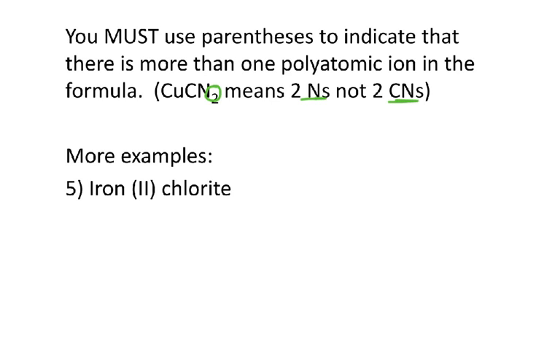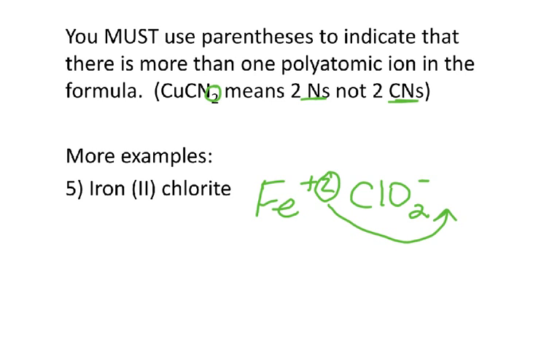You need that parentheses. Okay, so let's look at iron 2 chloride. Iron has the +2 charge. Chloride has a -1 charge. Now when you cross this over, this 2 is going to go here. But you're not going to have 22, because that means 22 oxygen atoms, and that's not the case. So you've got to write it Fe, parentheses, ClO2, 2.